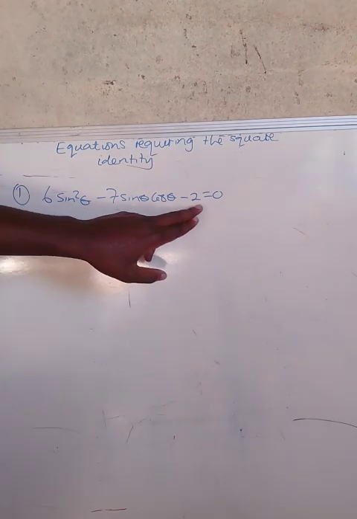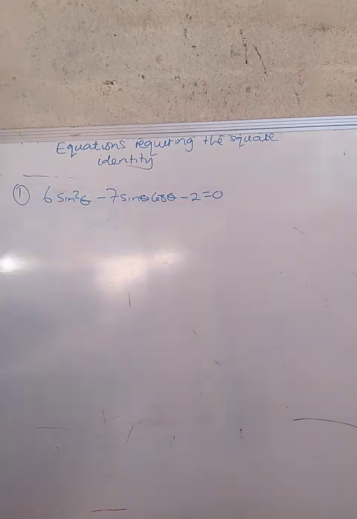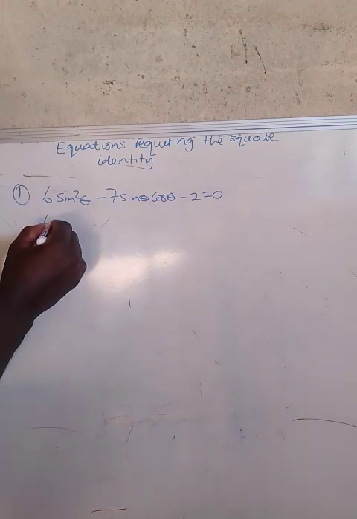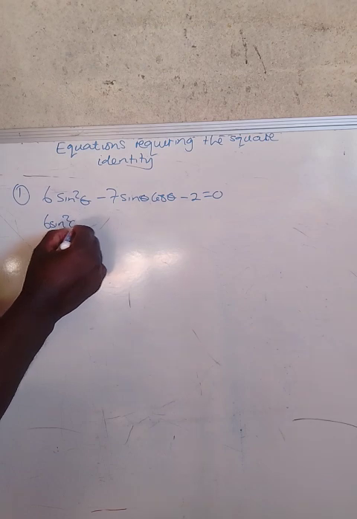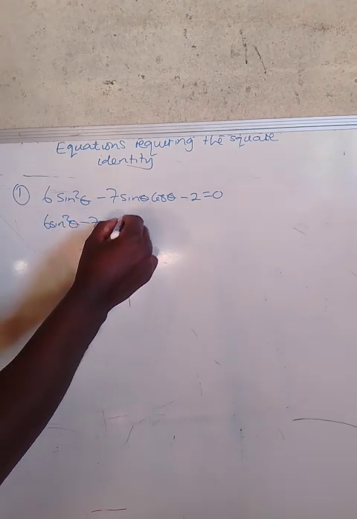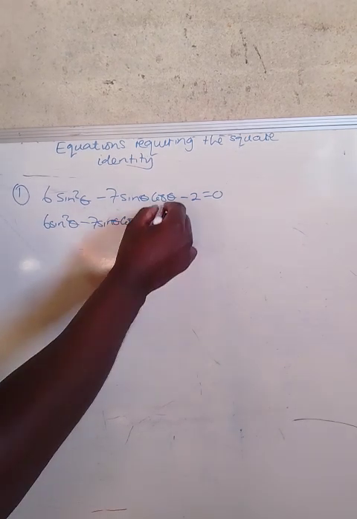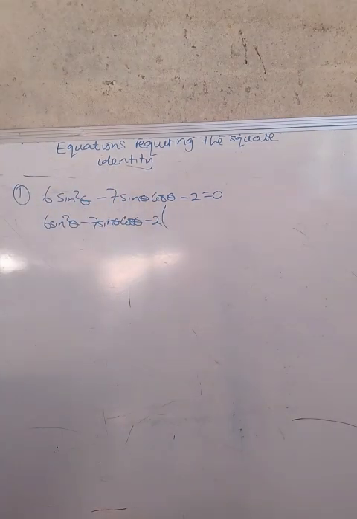What do we do? We use the square identity to multiply the constant like this. We are going to say 6 sine squared theta minus 7 sine theta cos theta minus 2. Then we multiply with the square identity.